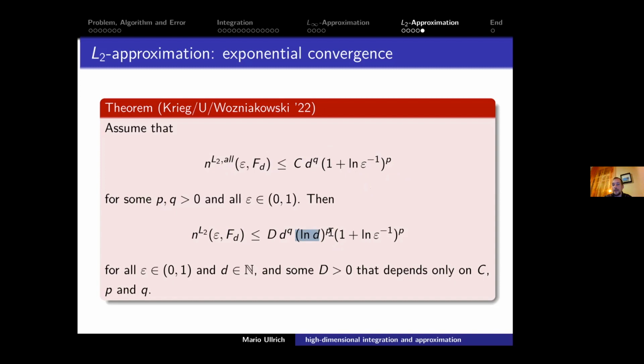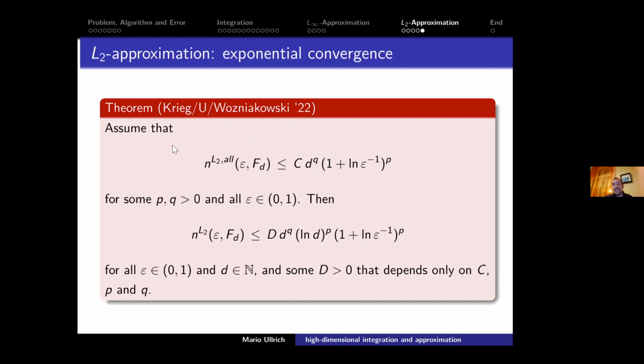I don't have the time, I don't want to motivate it too much. This is a setting that appears relatively often when it comes to approximation of PDEs and so on. At least that's what people claim, and I never checked these applications.